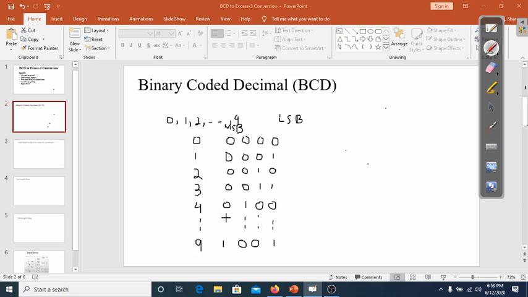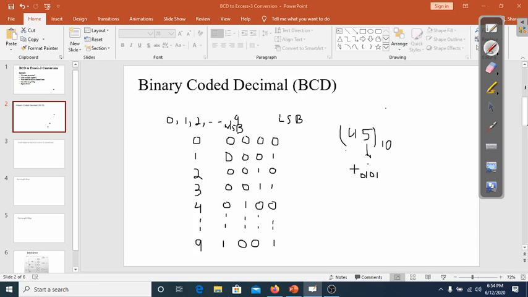If we have some decimal number, suppose 45, and I want to convert it to BCD, its base is 10. Corresponding to 5, my code will be 0, 1, 0, 1, with the most significant bit first.